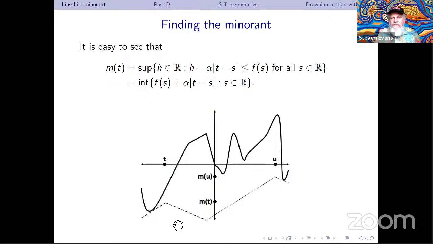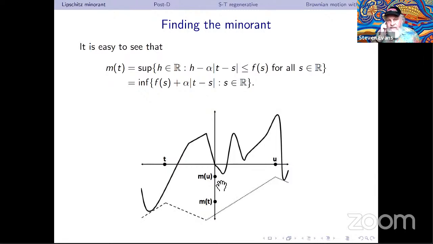And then what we do is lift that tent function up, starting at h equal to minus infinity, and lift it up until it first makes contact with the graph of f, and then that will be the value of m of t, the value of the minorant at t. And so this is how we will go about constructing m of t.